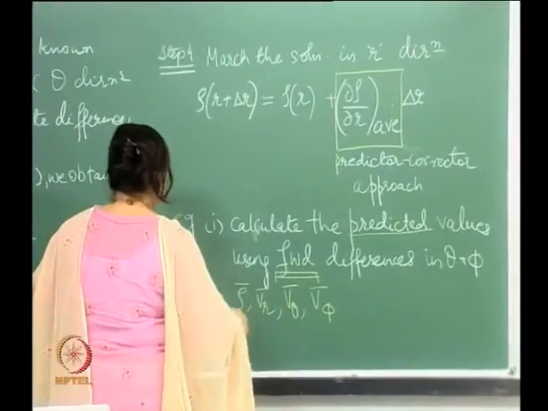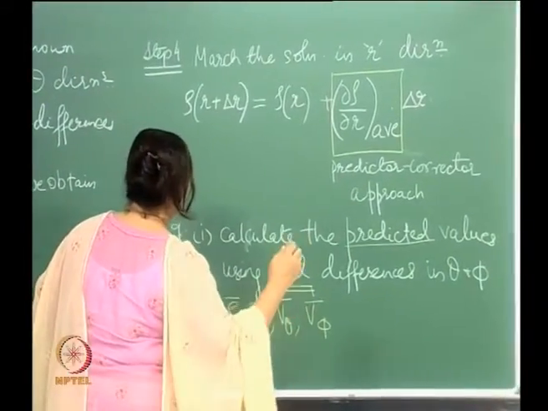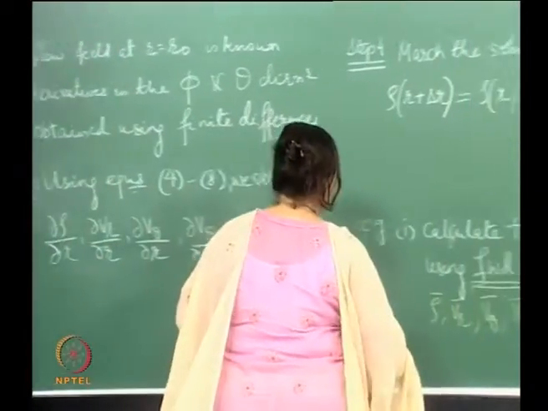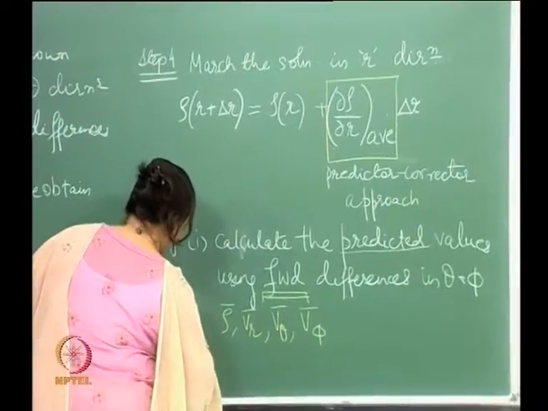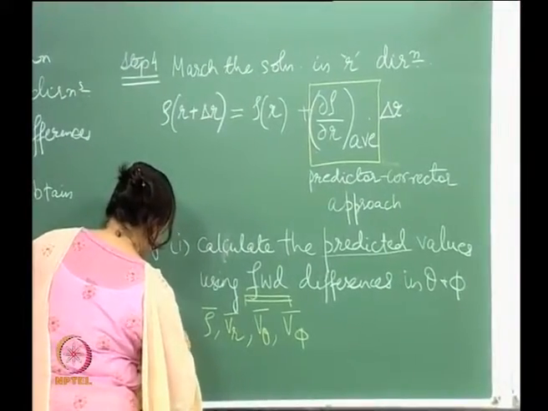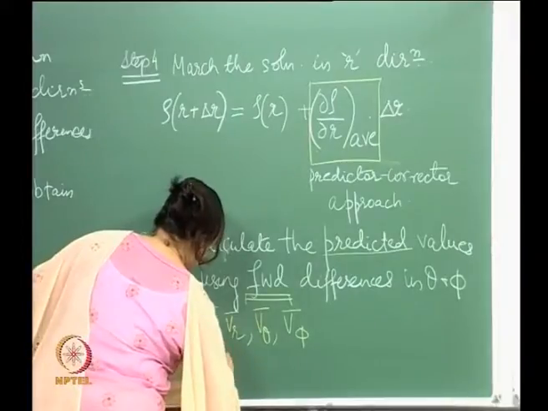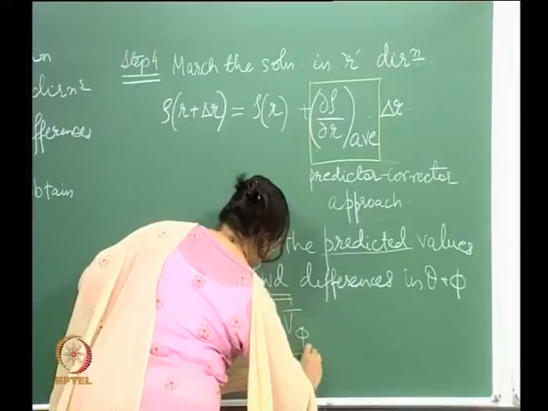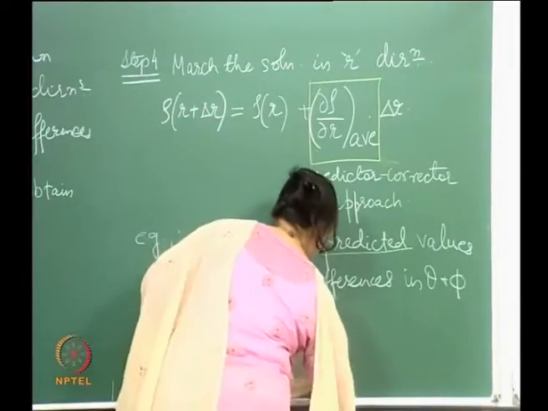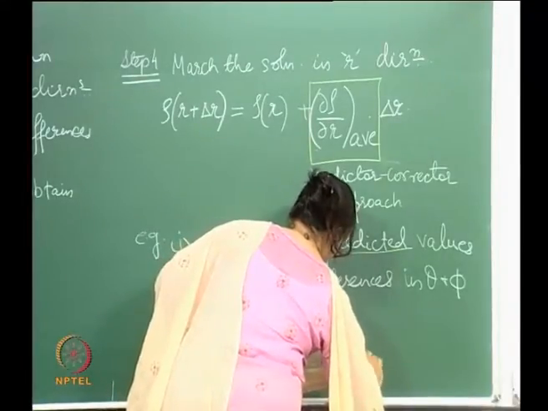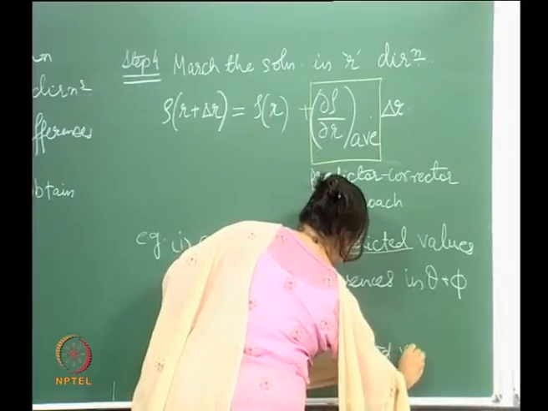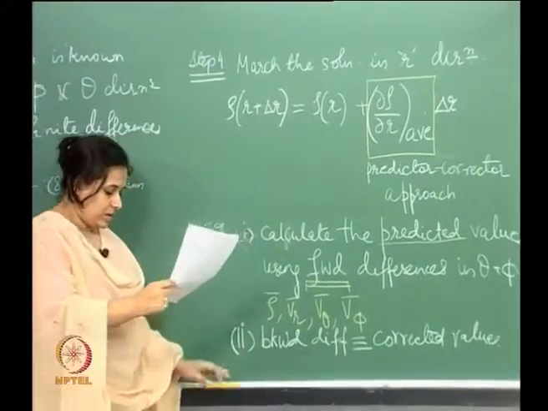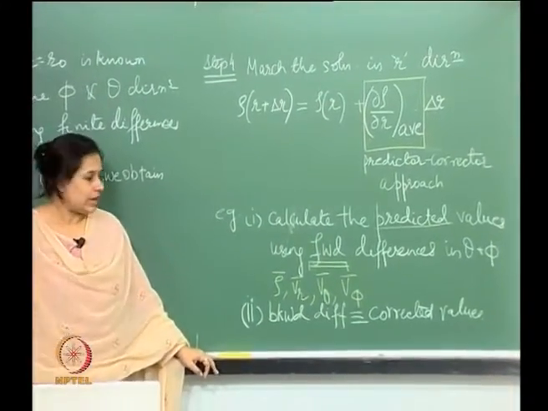So again, the second thing will be, let me just write here. Using backward differences, we calculate the corrected values.